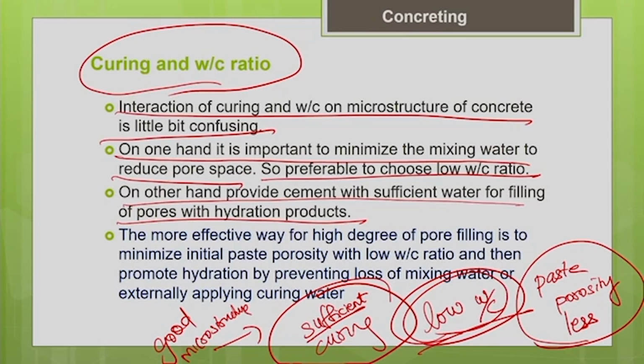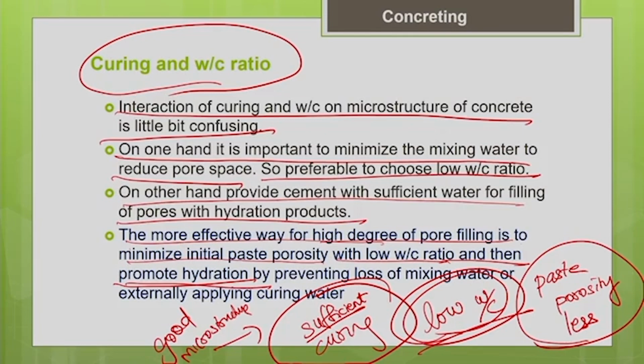The more effective way for a high degree of pore filling is to minimize the initial paste porosity. How to minimize the initial paste porosity? Use low water to cement ratio for the mixes and then promote the hydration by effective curing methods. Promote the hydration by effective curing. There are different ways to cure.